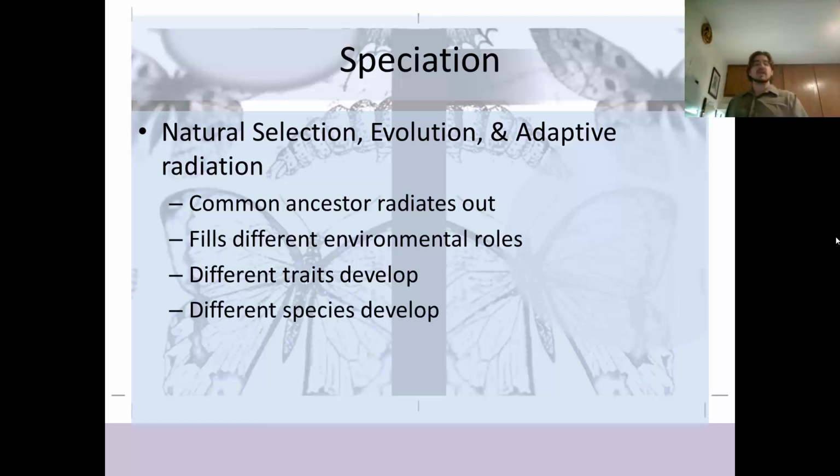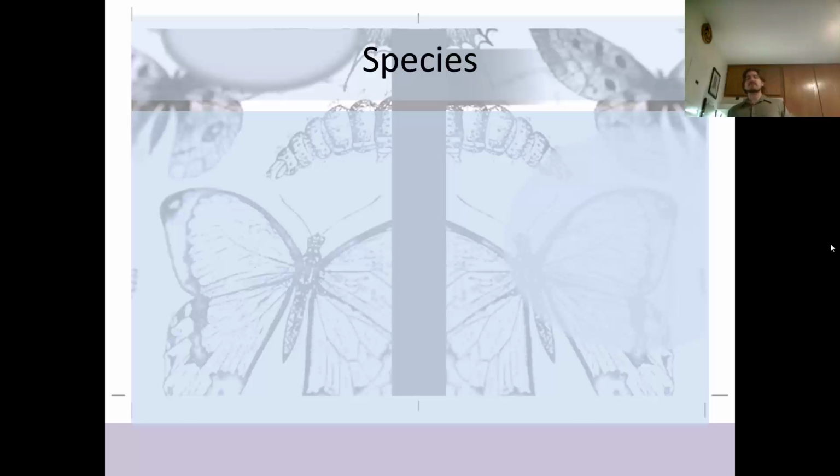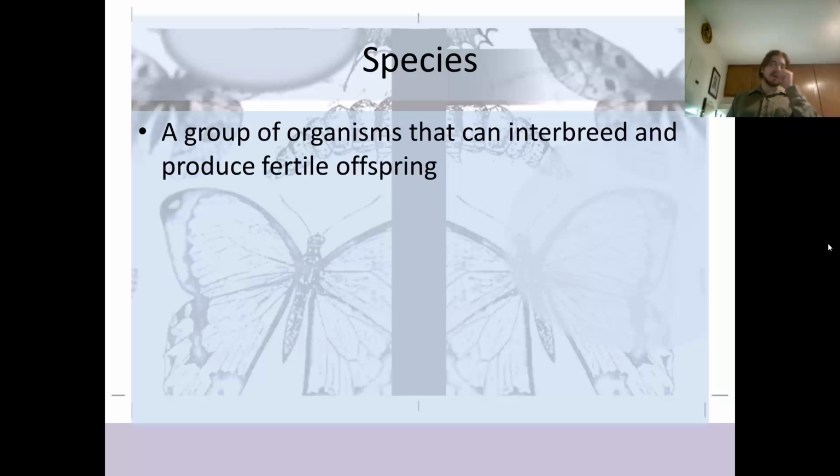And then different species develop. The question people always ask is, how does one species transition into another? And the answer is reproductive isolation. Reproductive isolation is a pretty cool mechanic, and it separates one species from another.